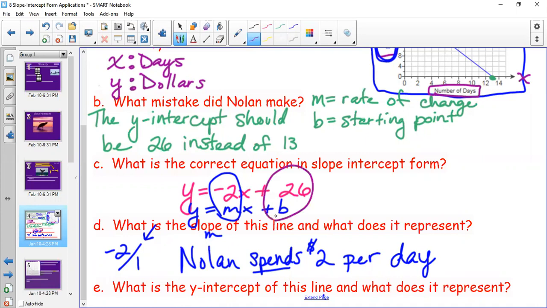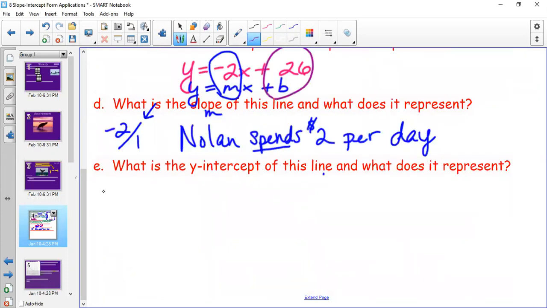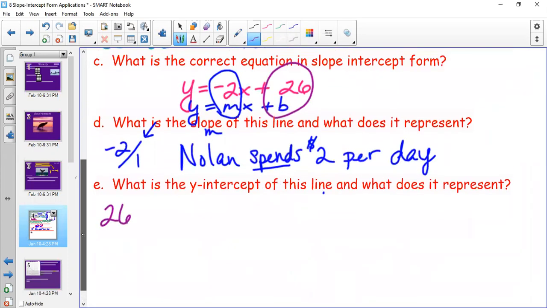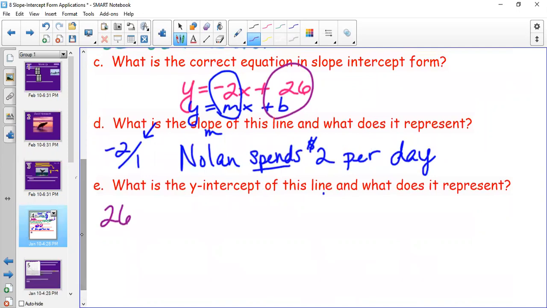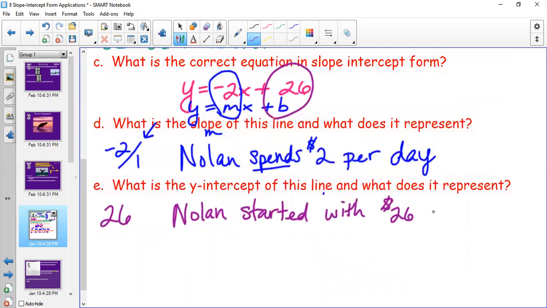Our b here, our y-intercept, is 26. And what does it represent? Well, it's the starting point, or Nolan's starting amount in his bank account. So Nolan started with $26 in his bank account.